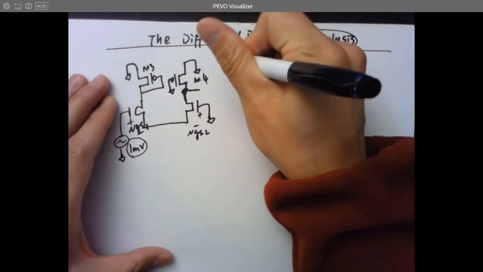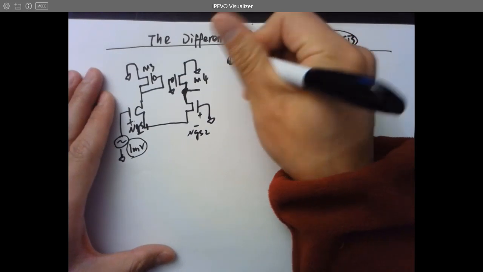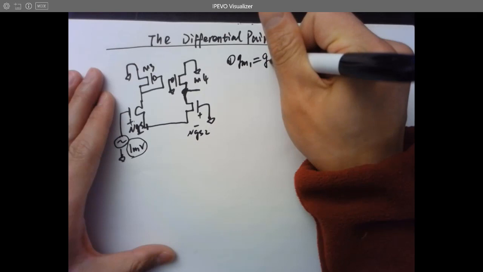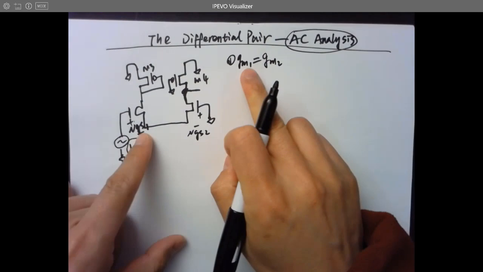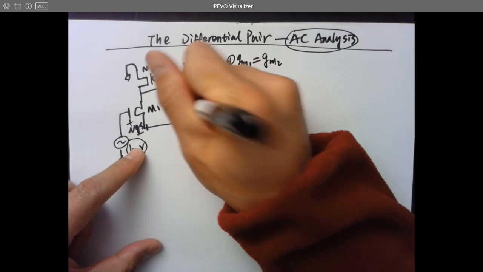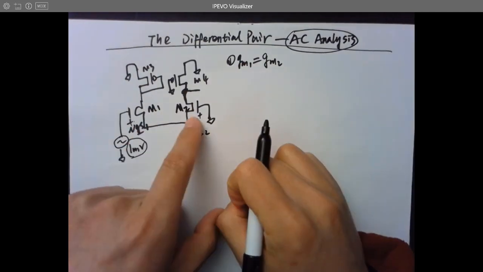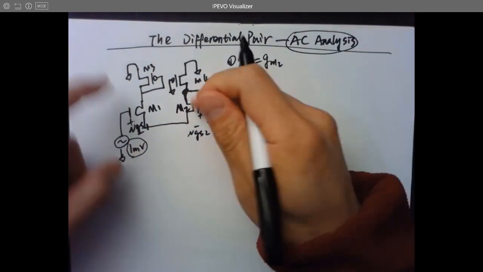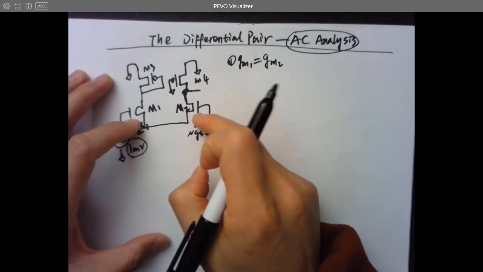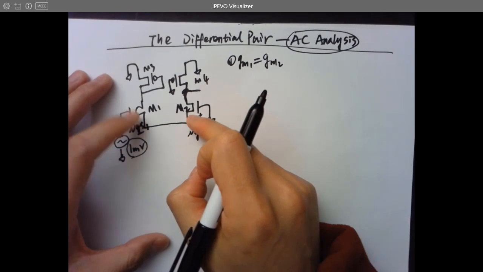First up, what is GM? GM1 equals GM2, which means GM of this transistor, M1, and this transistor, M2, are equal, because they have the same DC current in the DC model. It's setting up the same DC operating points for these two transistors.